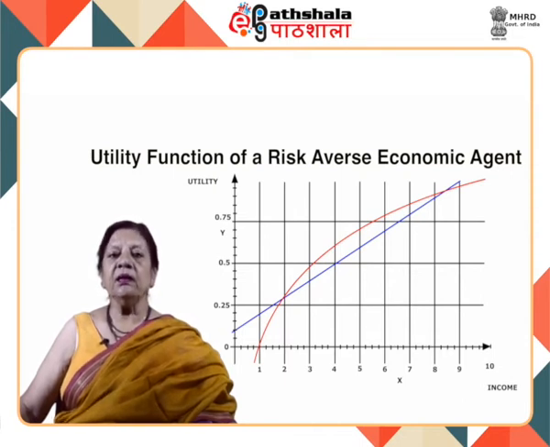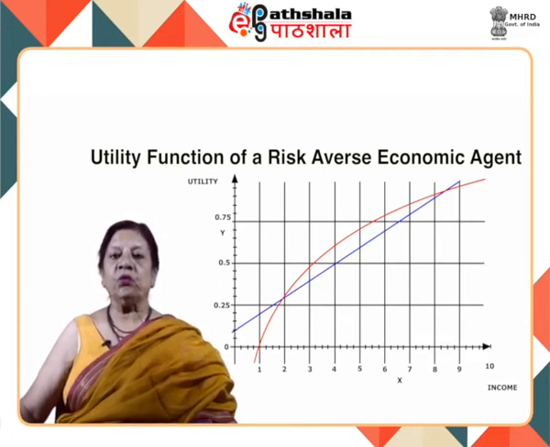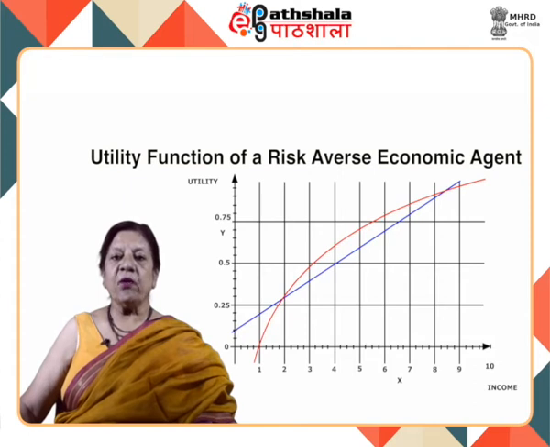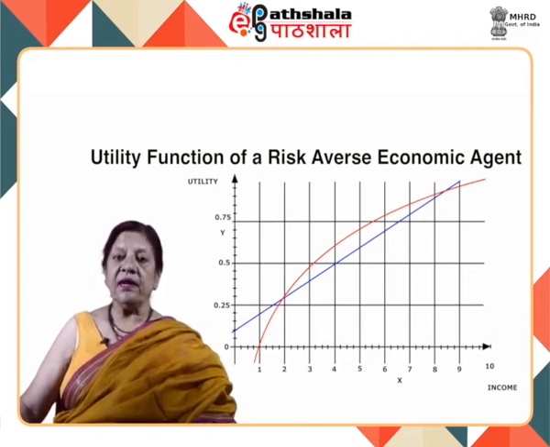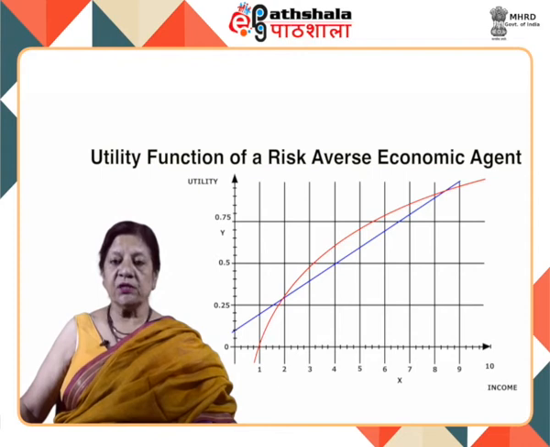That is, E[y] is equal to (0.5 into 2 plus 0.5 into 8), which is equal to 5 units. However, he gets either an income of 2 units or an income of 8 units.